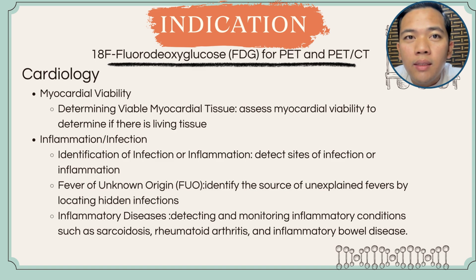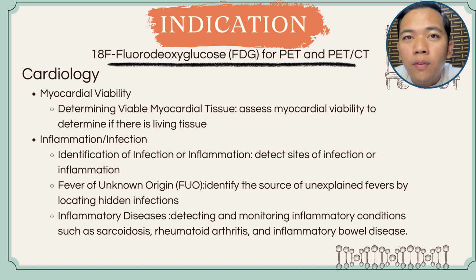So besides that, for inflammation and infections, PET scan can identify or detect sites of infection or inflammation within the heart or blood vessels. An example is vasculitis.